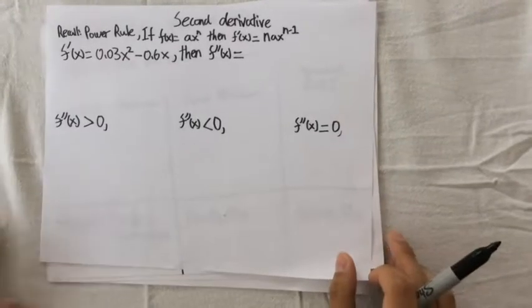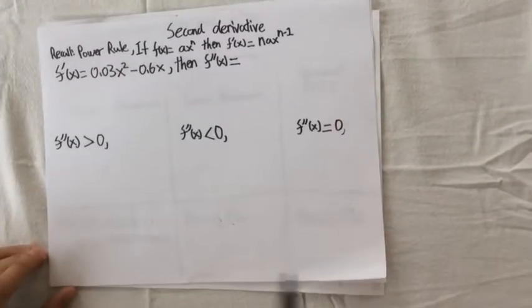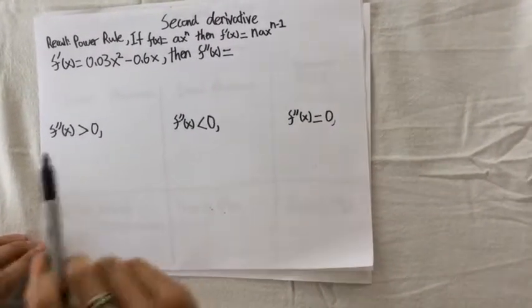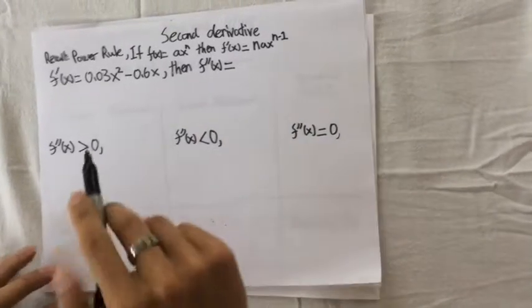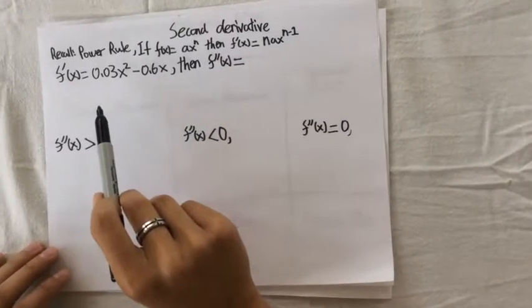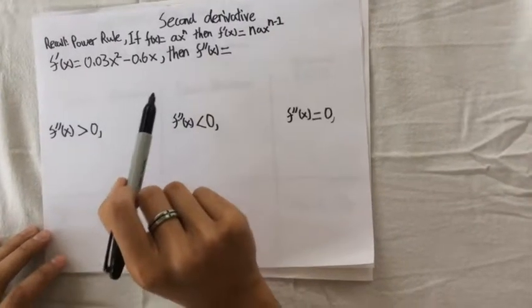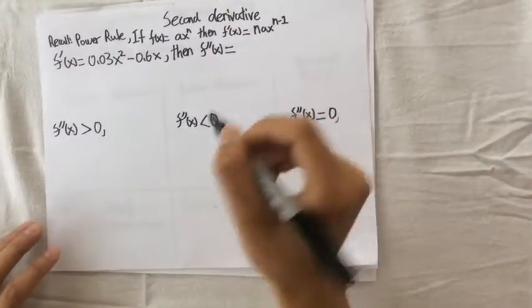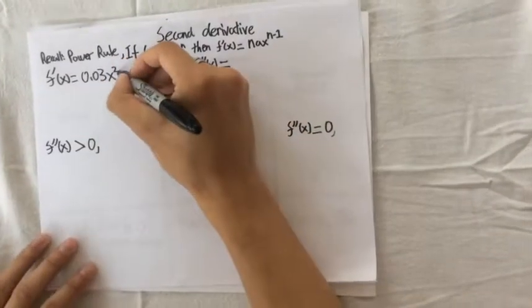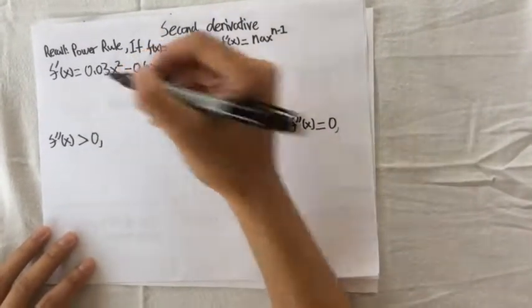Now, to take the second derivative, we have to use the power rule again. Let's recall the power rule. Right here, we have f prime of x equals 0.03 x squared minus 0.6x. We are doing the same thing again: multiplying the degree by the leading coefficient.